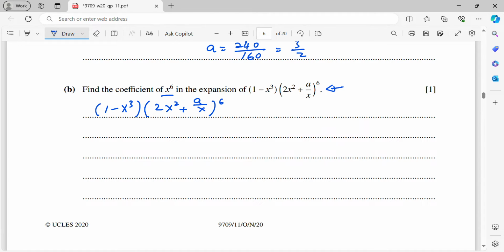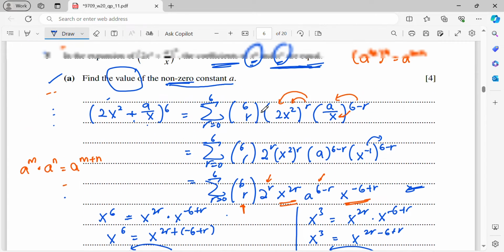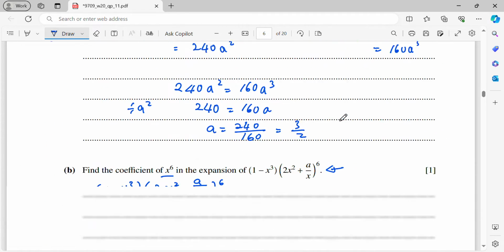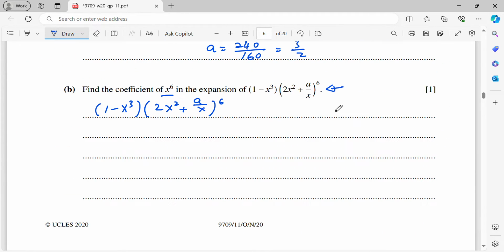Okay, because the question mentions that the coefficients of x cubed and x6 are equal before you start solving a. Alright, that means this a applies to the b as well. So now I will replace the a by 3 over 2. You can replace, right? Or you can just find directly.